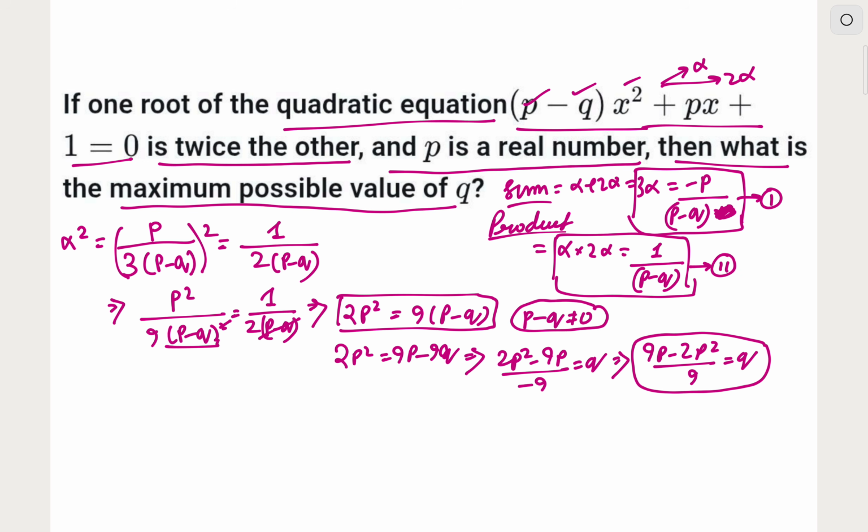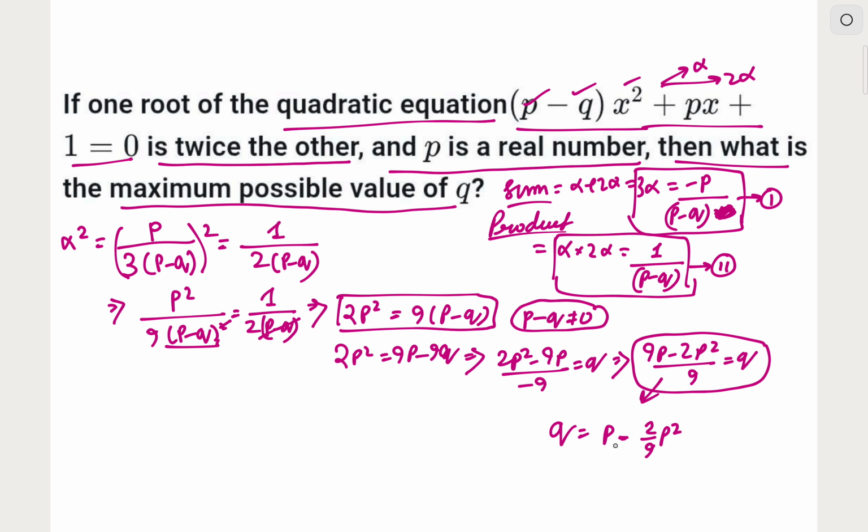Now see the equation that we have got in terms of q. It represents a downward facing parabola. If we write the equation like this, q is equal to 9p by 9, that is p, minus 2 by 9 p square.